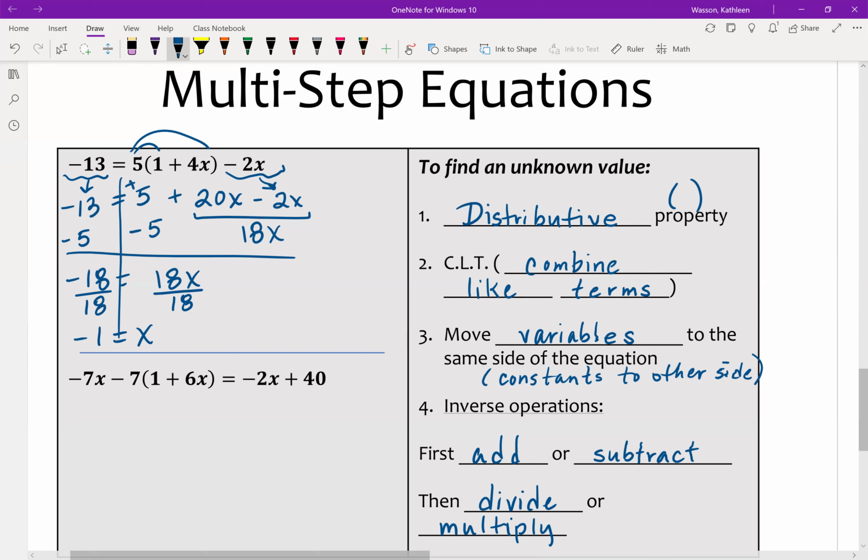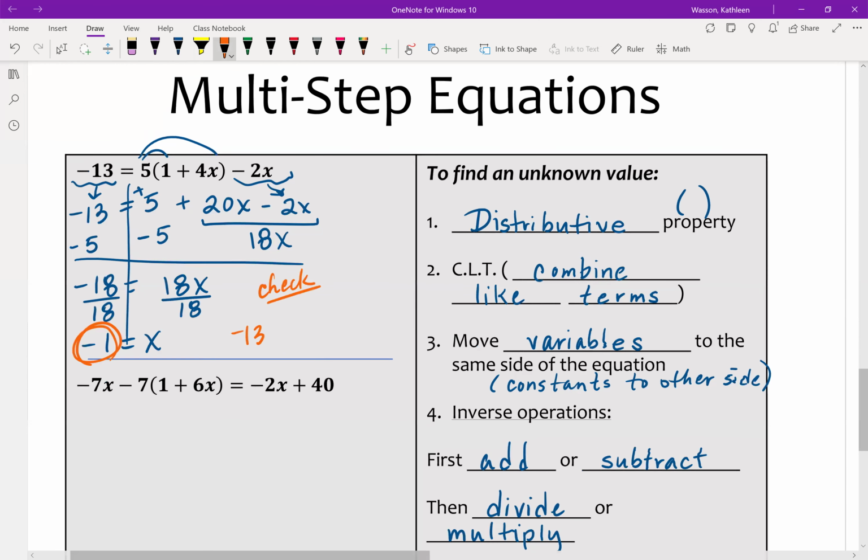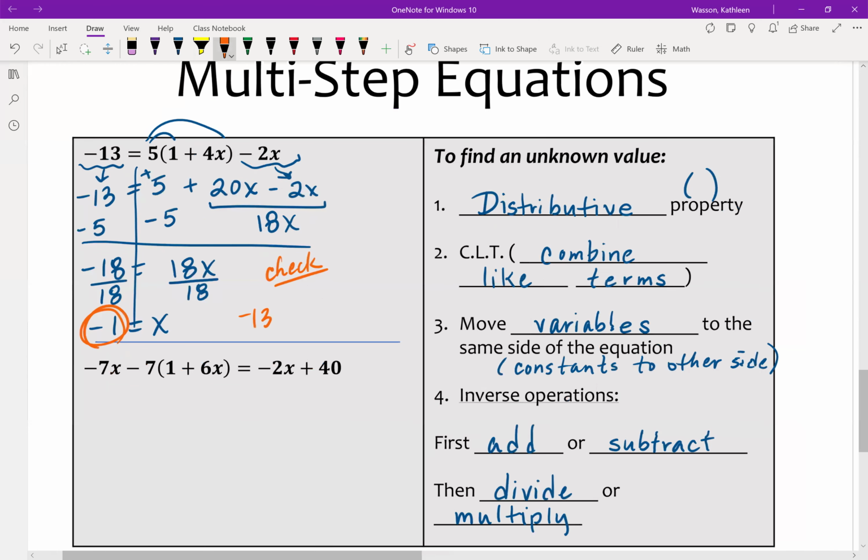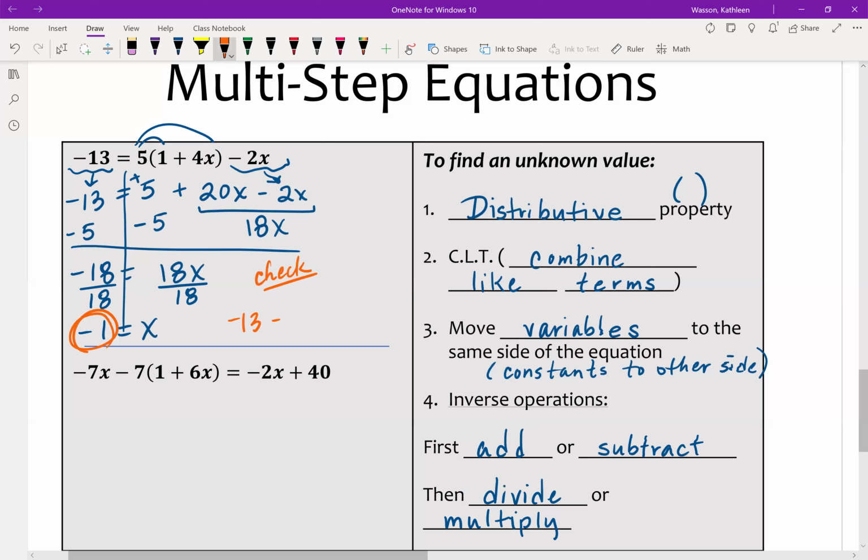Again, you can always check your work with equations by substituting the value that you find for the variable. Please use parentheses when you substitute.